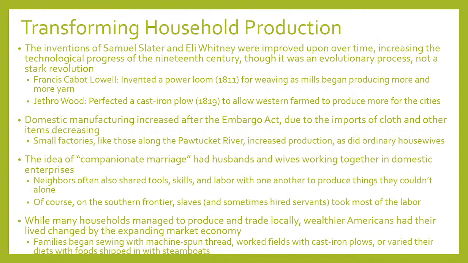So, for example, families were sewing with machine spun thread as opposed to having to spin it themselves. They worked fields with these fancy cast iron plows, or even would eat things that weren't necessarily grown in their region that were brought in from further off with the steamboats.